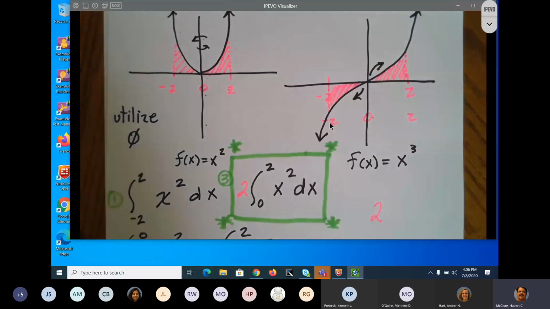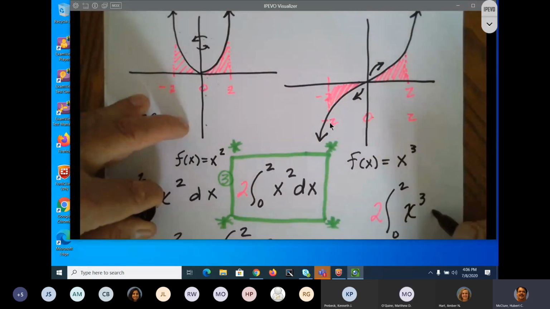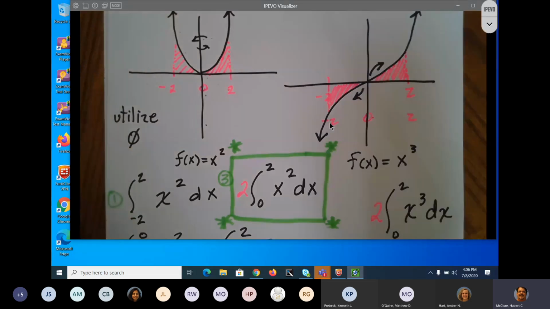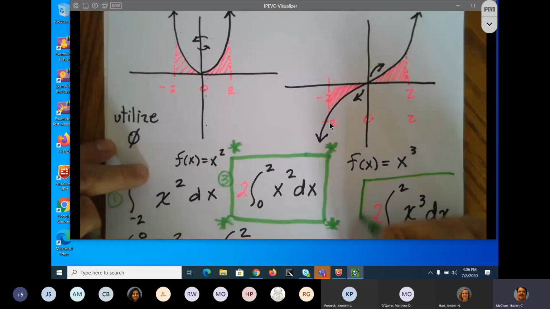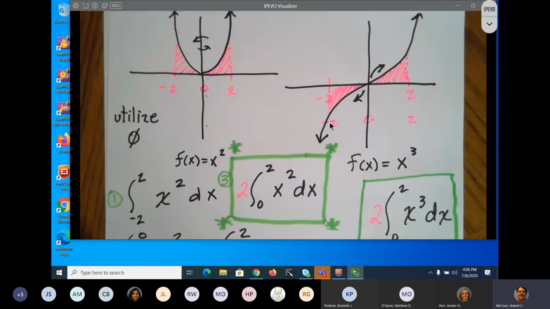So let's do these 2 on the next page. Go over to the next page, and we're going to do these 2 antiderivatives. And they are not antiderivatives now. Now they are called definite integrals because you are taking the area under the curve between 0 and 2.